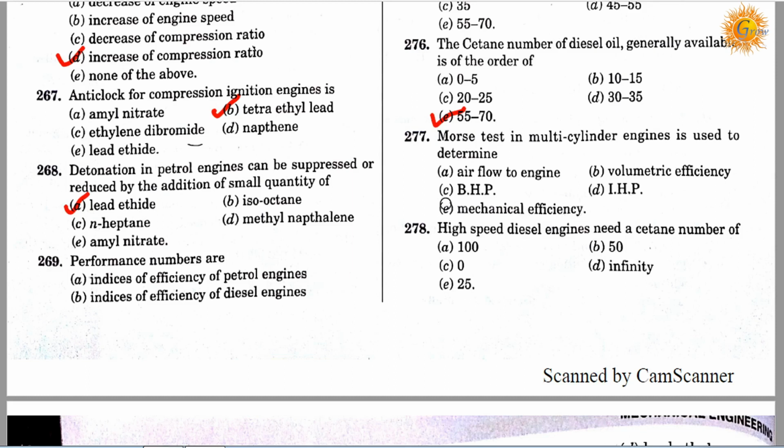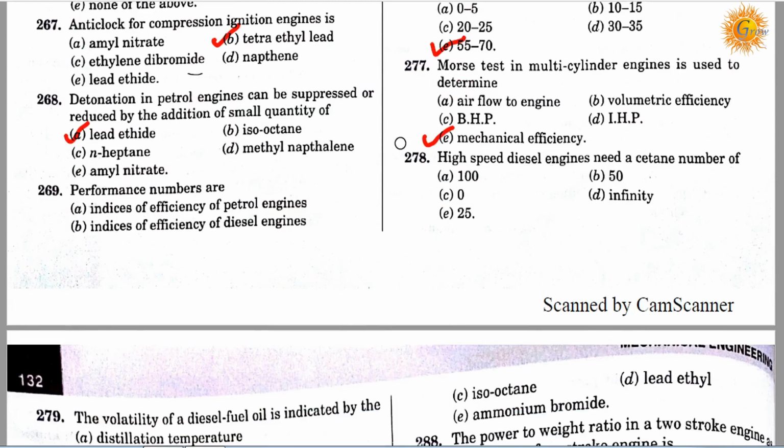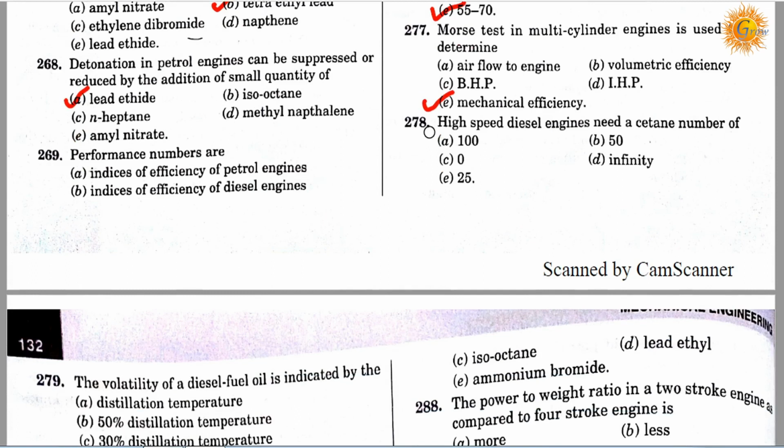So the correct answer will be E, mechanical efficiency. Question number 278. High speed diesel engines need a cetane number of option A, 100, option B, 50, option C, 0, option D, infinity, option E, 25. Correct answer will be B, 50.